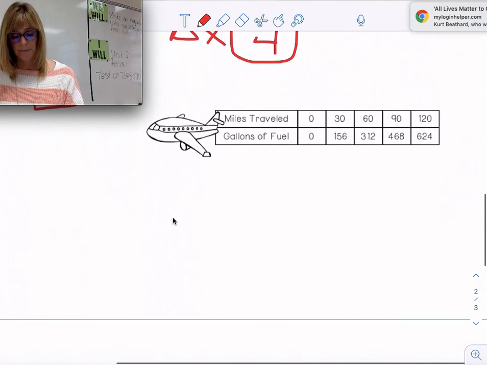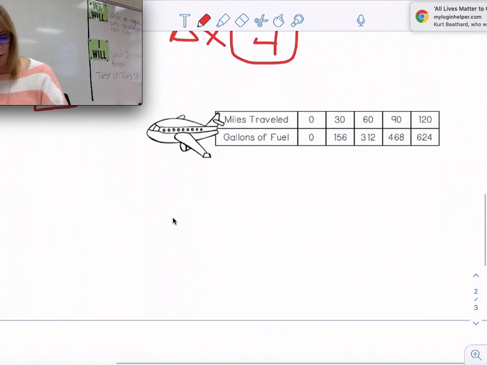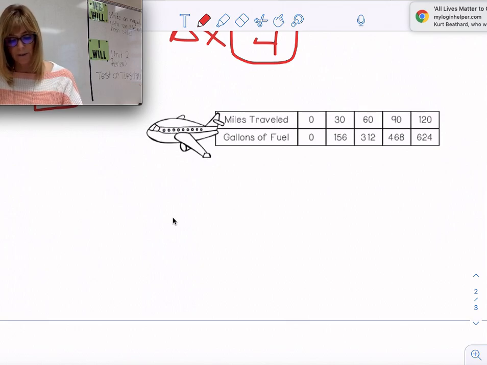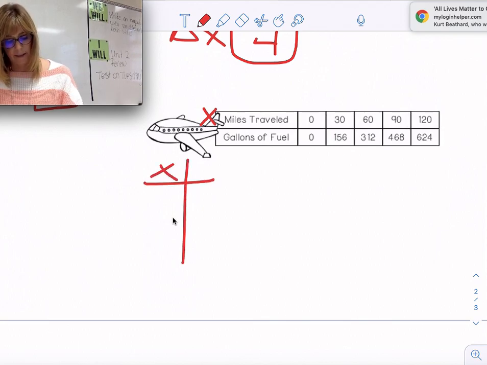Okay, the last one. Here's a table of miles traveled and gallons of fuel used. So again, the miles traveled is going to be your x because that's on top, or if it was a vertical column, it's like this, x, y. So when it's vertical, the x is here and the y is here.